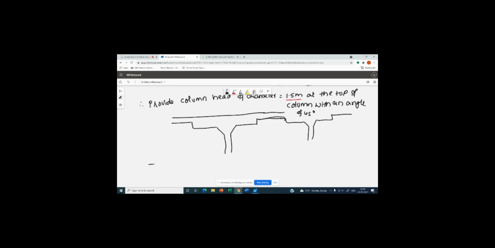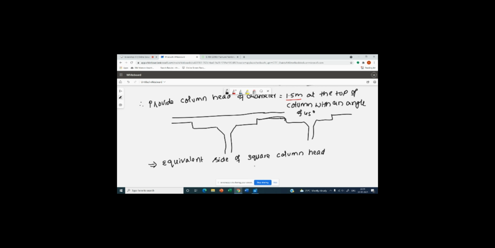Immediately you also have to find the equivalent side of a square column head, because whenever it is circular, we have to convert it into an equivalent square.